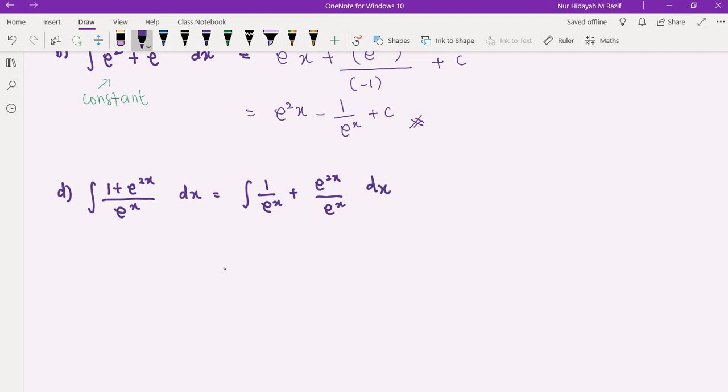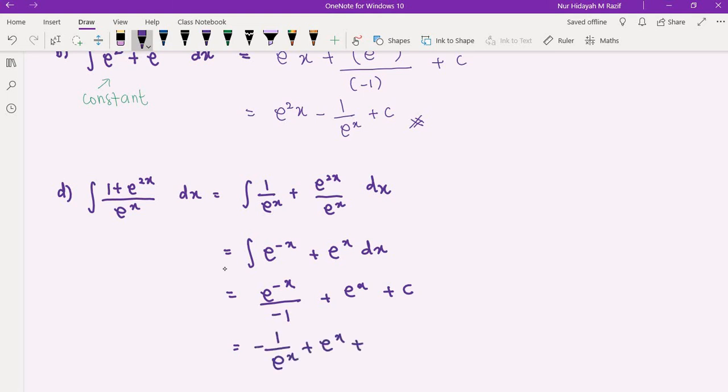Using the concept of indices, you will have the integral of e power of negative x plus e power of x dx. Integrating that will give me e power of negative x divided by negative 1 plus e power of x plus c. We can just rewrite our answer as negative 1 over e power of x plus e power of x plus c, and just leave it at that.